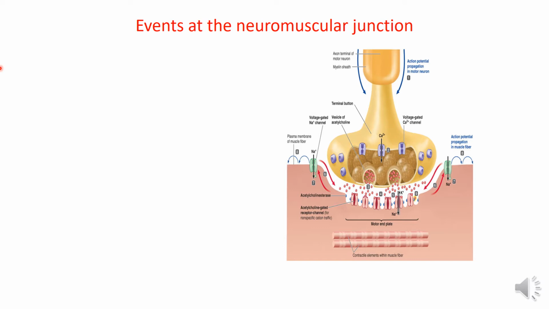What are the events that occur in the neuromuscular junction? What is the mechanism of transmission of the nerve impulse from the nerve to the skeletal muscle? The action potential reaches the nerve terminal, and it stimulates the opening of the voltage-gated calcium channels.